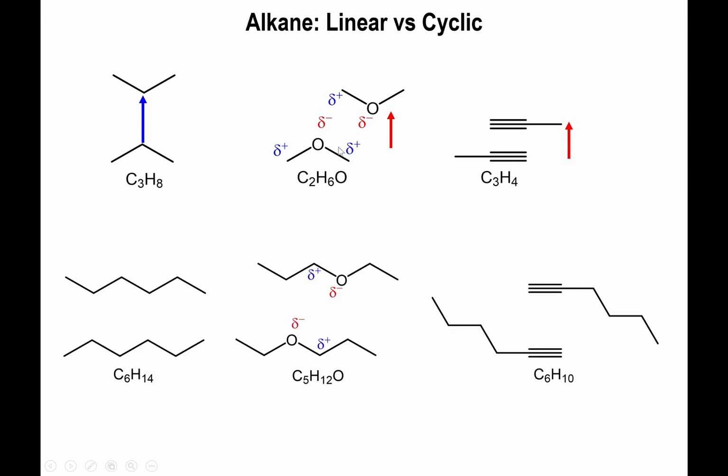For the ethers shown right here, you have your actual delta pluses and delta minuses based on your polar bond. But as you make the molecule larger and larger, the chances that this carbon-oxygen bond is going to see another carbon-oxygen bond becomes less and less. And so ultimately you end up diluting away this interaction and making it less likely that these two bonds will see each other.